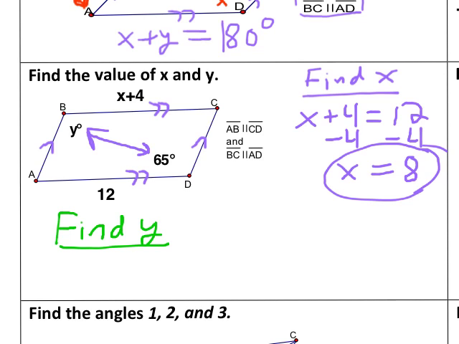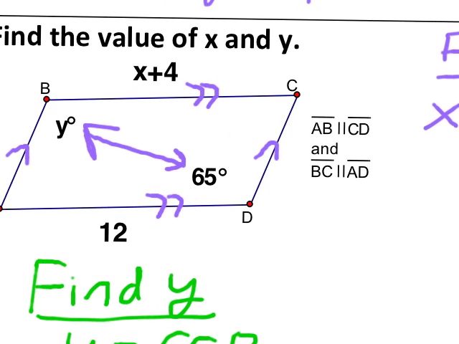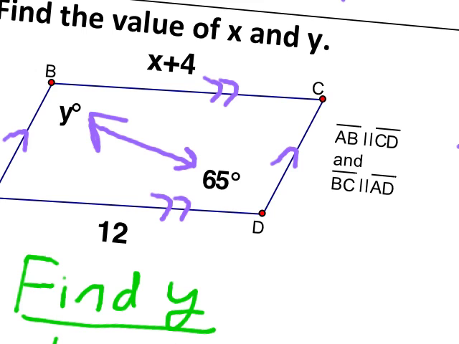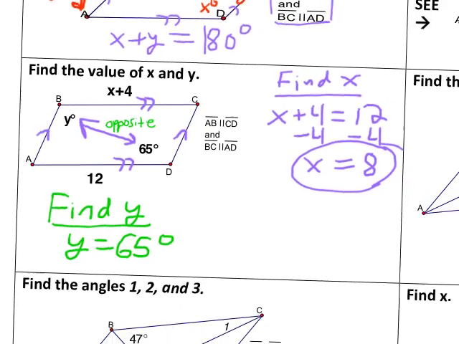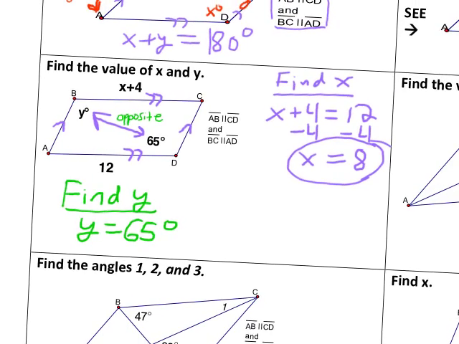Y and 65 are equal. So y equals 65 degrees, because let's try a little zoom action here, because these are opposite angles.